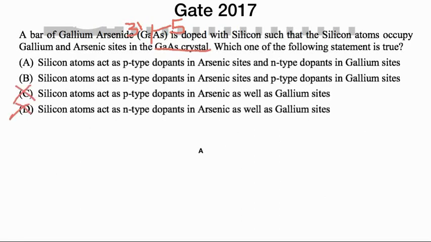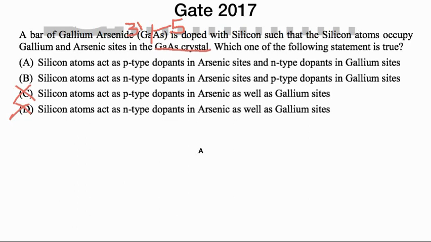Now the difference lies in whether it acts as n-type in arsenic and p-type in gallium, or n-type in gallium and p-type in arsenic. If we see that the number of electrons present in silicon as compared to gallium is larger, that means larger electrons are present in silicon as compared to gallium.